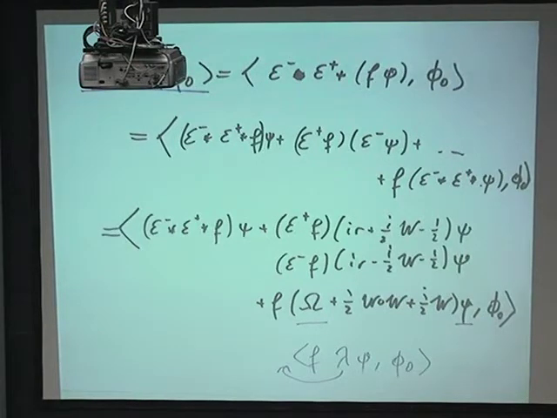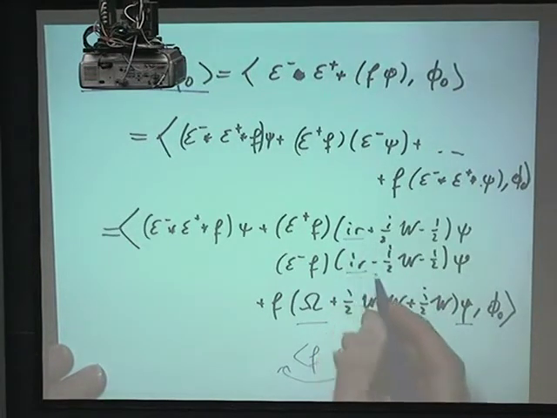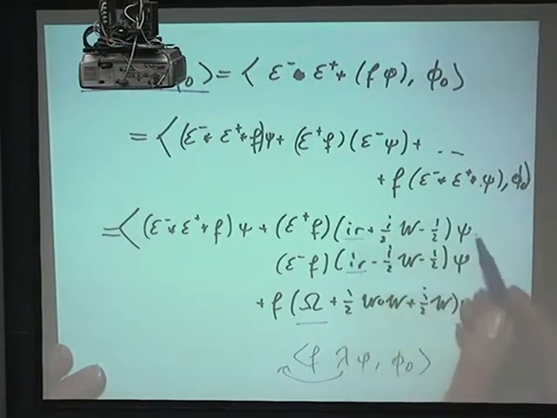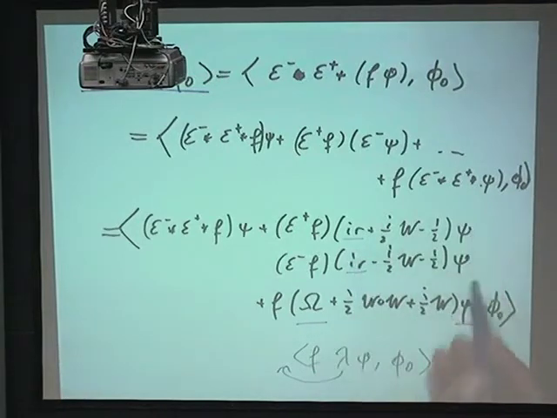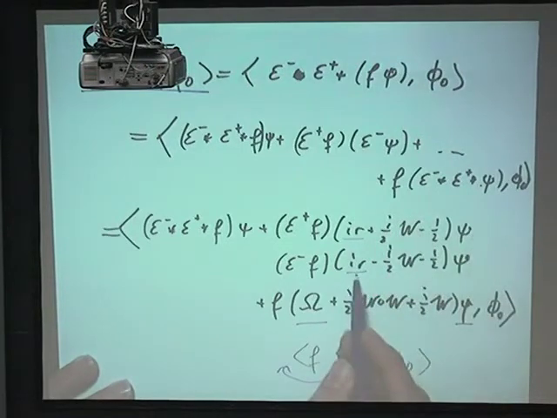R is about square root lambda. So we look again, where are the r's? There's an r here, and there's an r here, both times in front of the psi, but just as a scalar. So these guys we need to deal with later, but this guy and this guy, they're good.